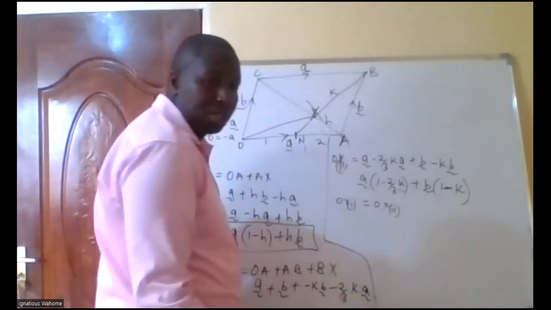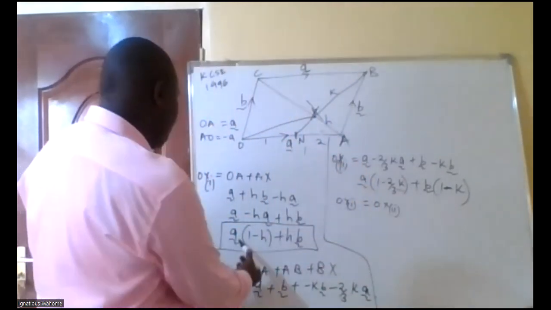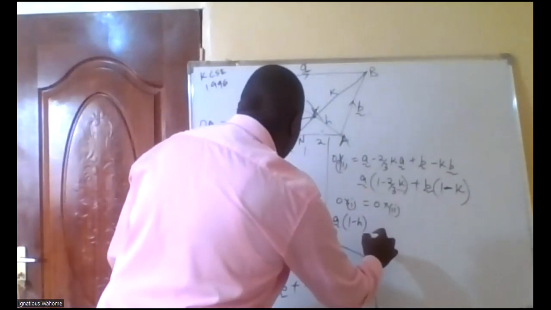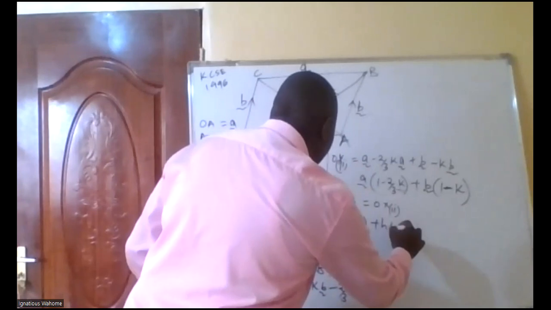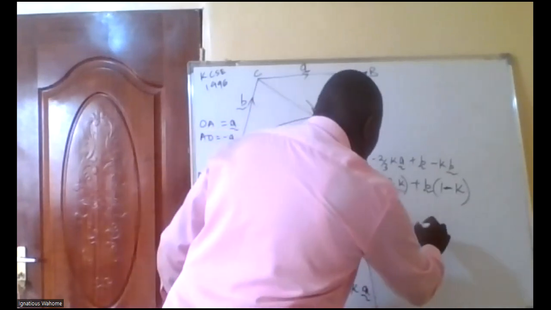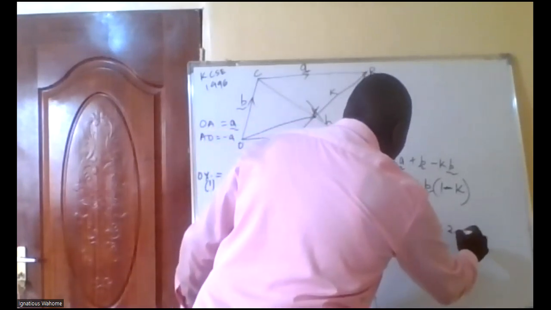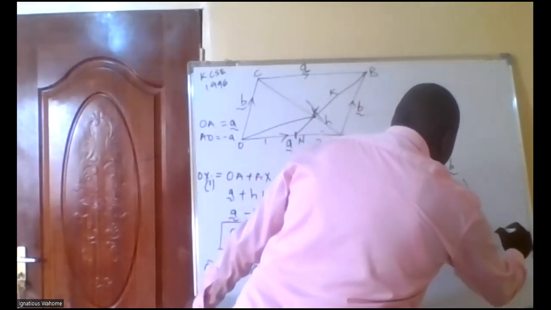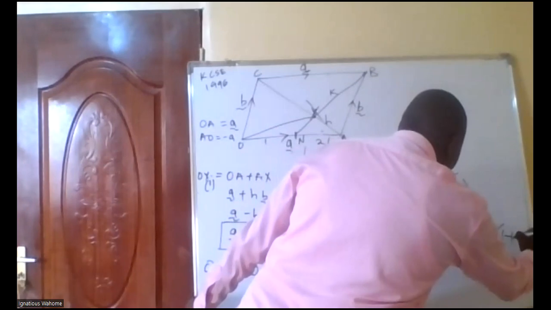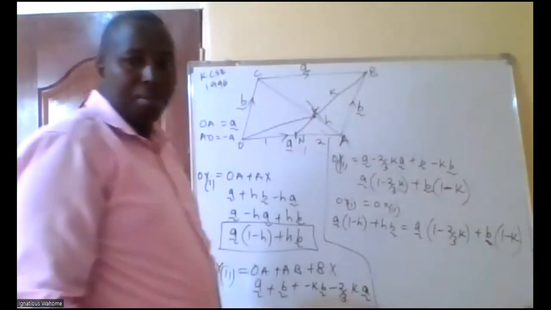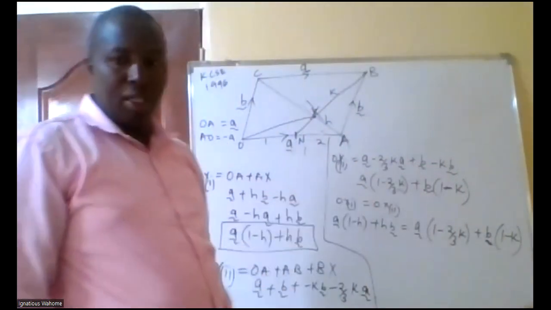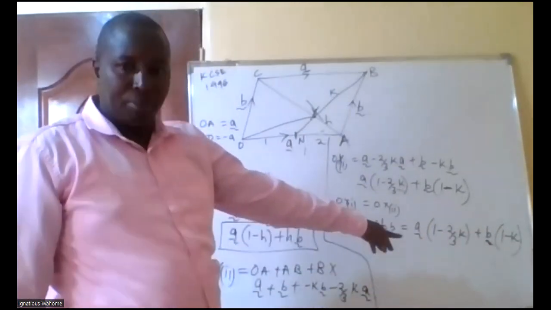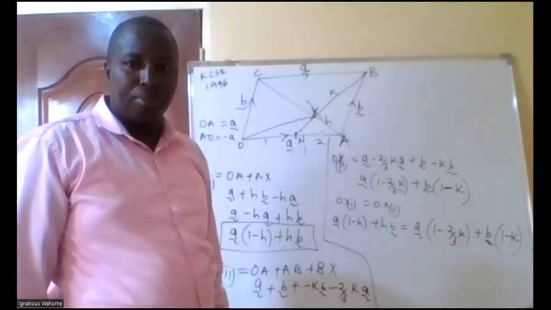So take OX1, which is vector A in bracket 1 minus H plus H vector B, equal to OX2, which is vector A in bracket 1 minus 2 over 3K plus vector B in bracket 1 minus K. So that's the question there.